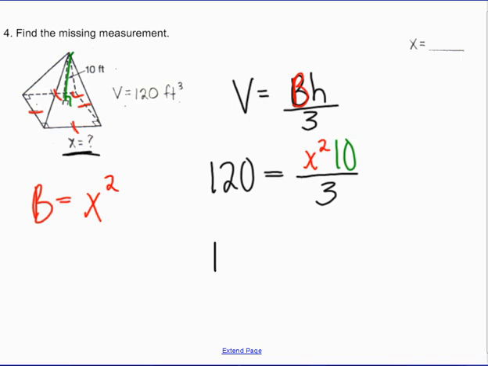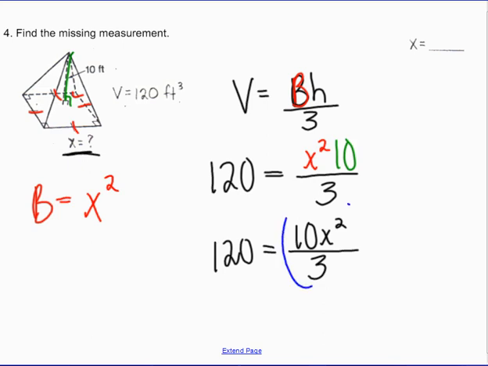For me, I like to have the coefficient in front of x squared before I start solving, just because that's what I'm used to. So I just switch around the 10 and the x squared by commutative property, totally legal to do. And my first step with solving is I like to divide off that fraction. So this 10x squared is all being divided by 3.